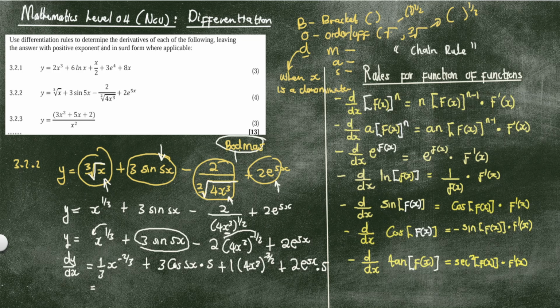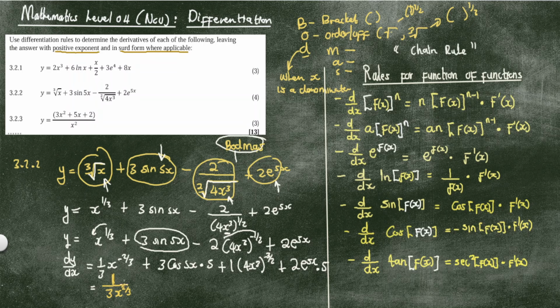Use differentiation rules to determine the derivatives of the following, leaving the answers with positive exponents and in surd form where applicable. If the exponent is a fraction, it means you have to change it into a surd. So simplifying this would be 1 over 3 raised to exponent x to the minus 2 over 3.